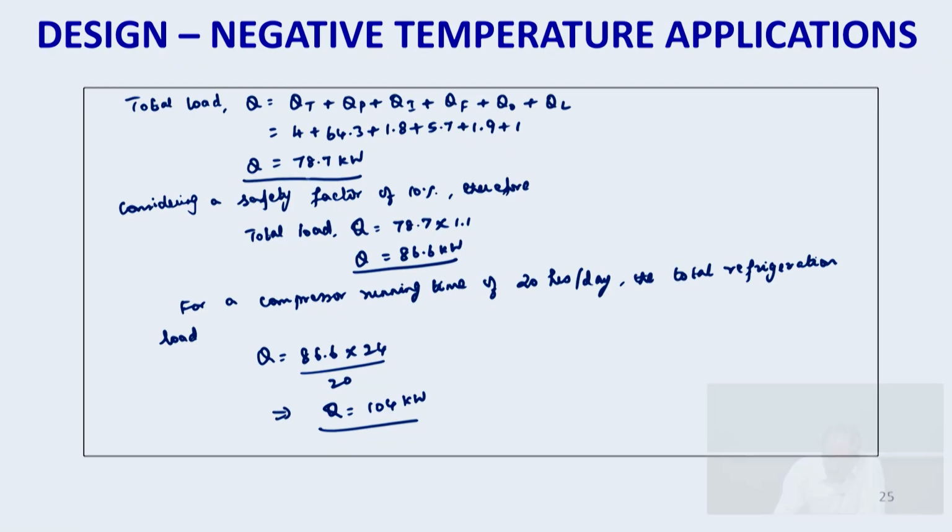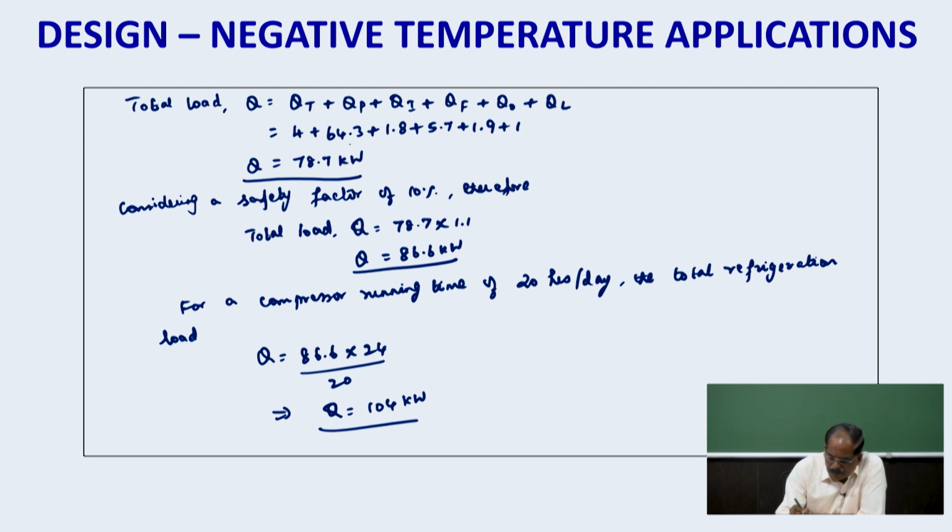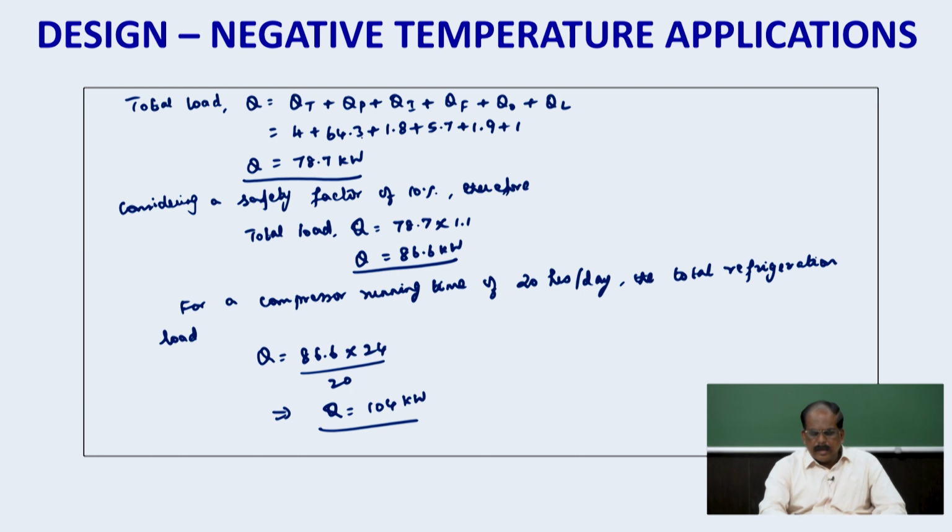Here the total load is 78.7, out of which the product load is 64.3, which is more than 75%. Typically 70 to 75% or 80% of the total load is contributed by the product.